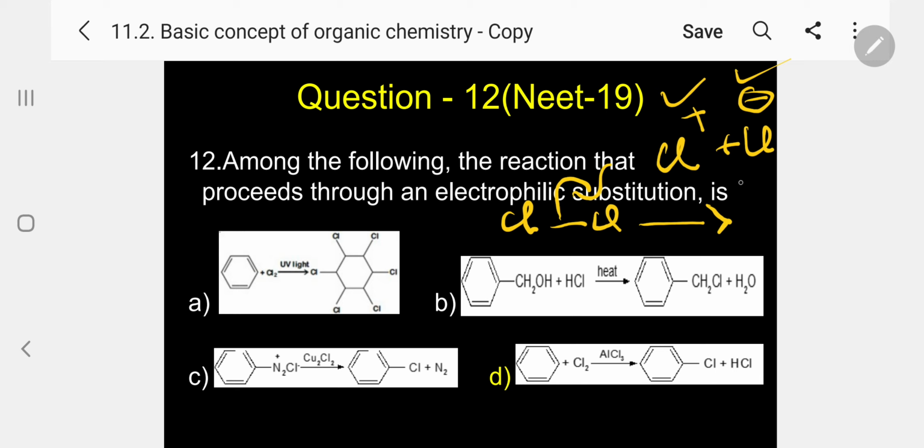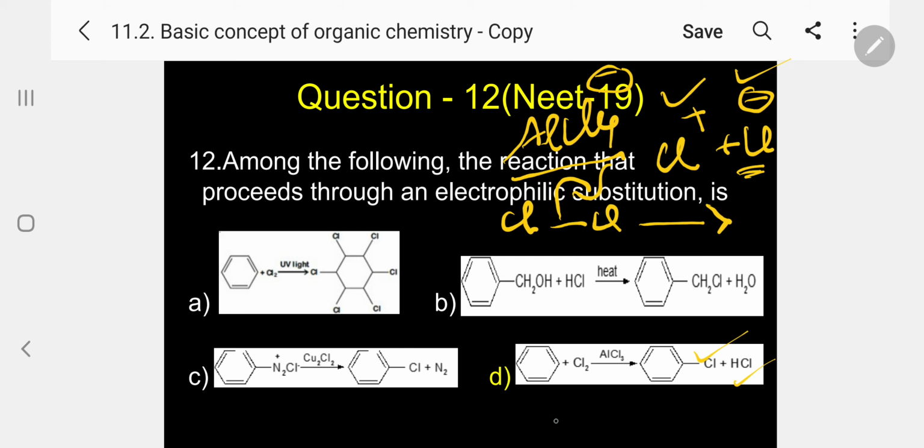The aluminum chloride will take this Cl minus and convert it into AlCl4 minus. That Cl+ now attacks the benzene ring, replacing H+, so that chlorobenzene is formed. That H+ will combine with AlCl4 minus, taking one chlorine, converting into HCl, and aluminum chloride will be liberated.